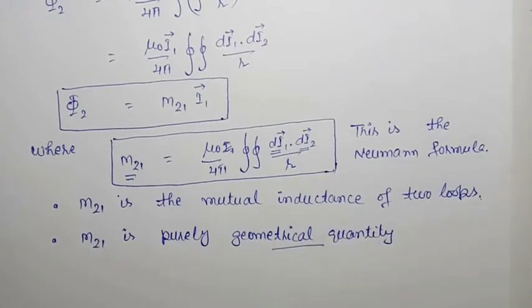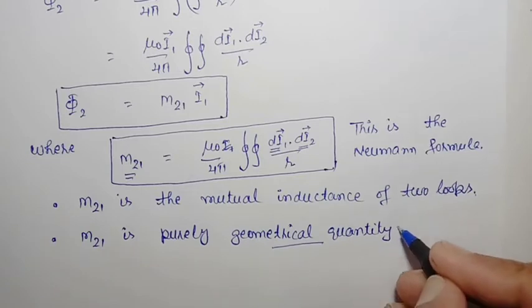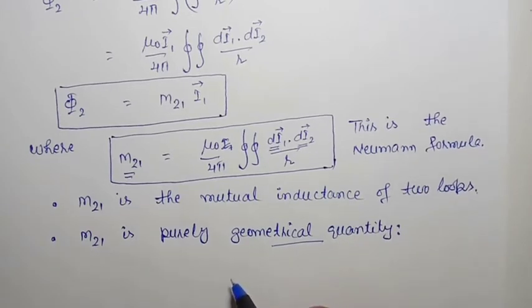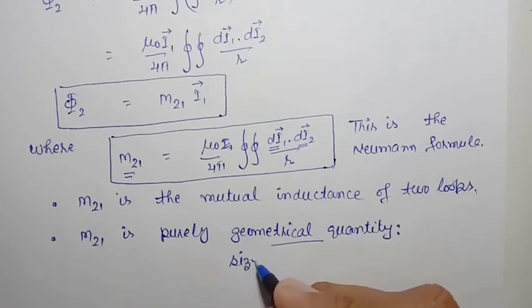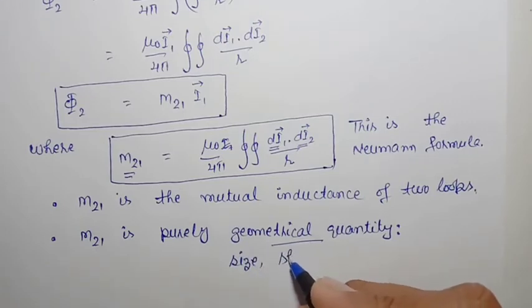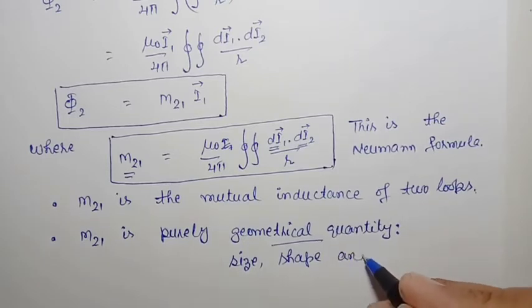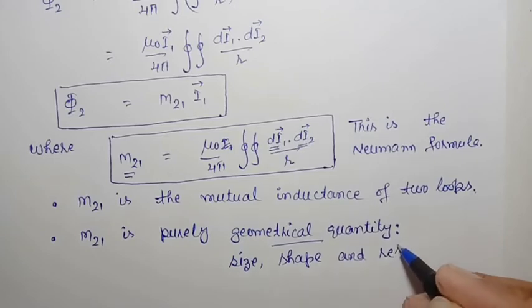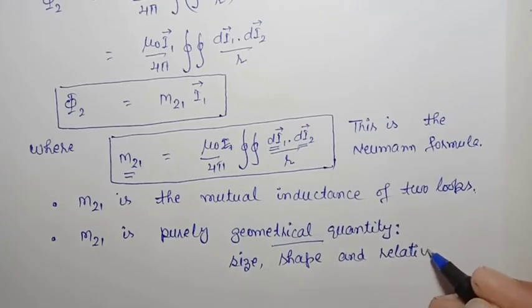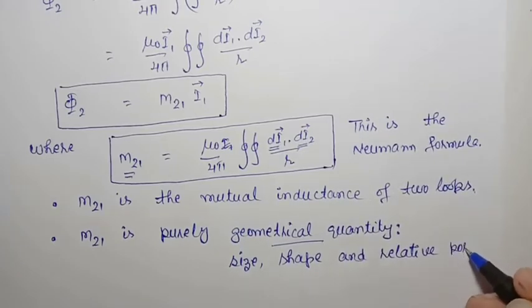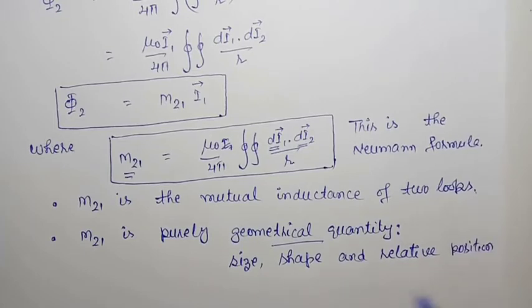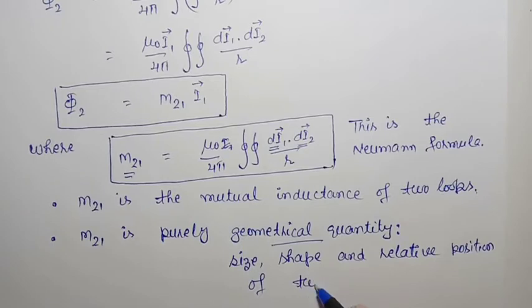Geometrical quantity means it depends upon the size, shape and relative position of the two loops.